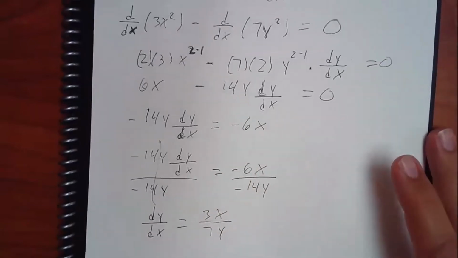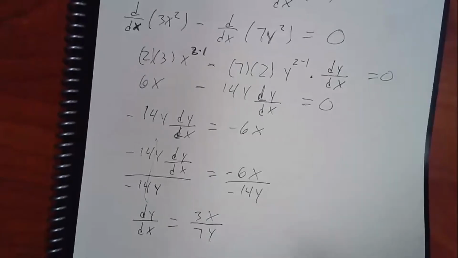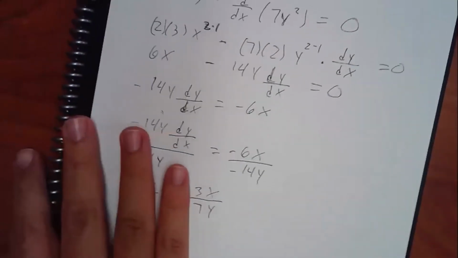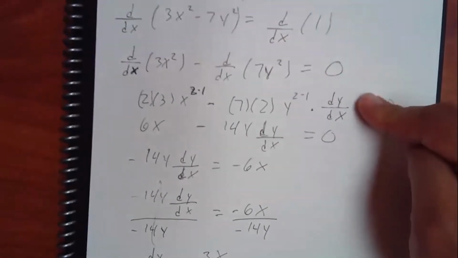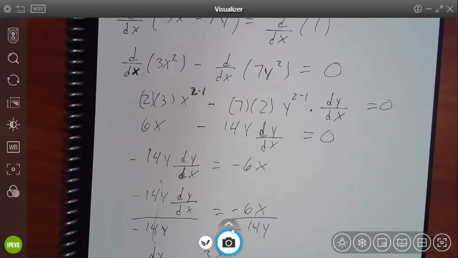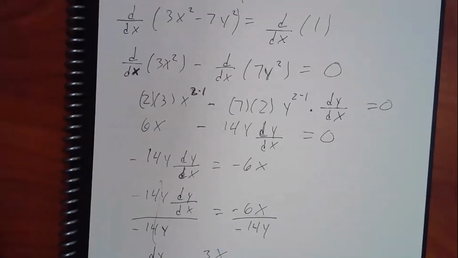Okay, let's do one more, because honestly, this section is going to be the exact same thing. So the concept is just doing this step here, and then solving for dy dx. So product rules, chain rules, all that stuff, quotient rules is going to apply here.